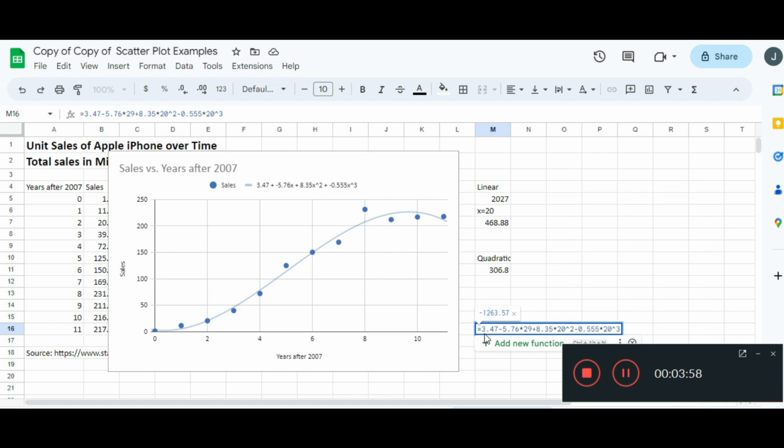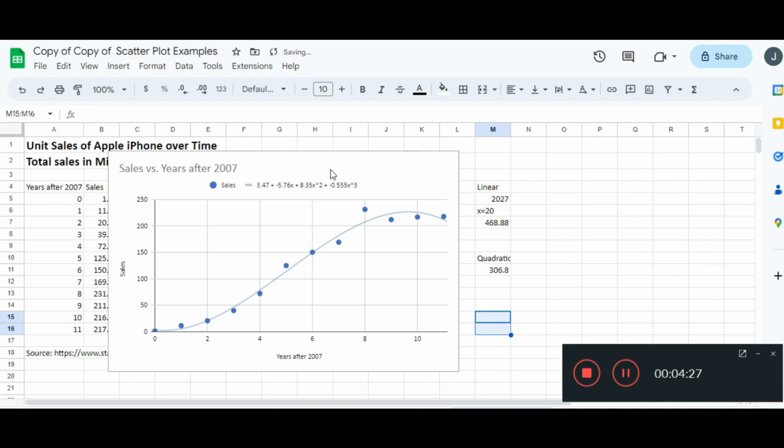And I should check that I typed that in correctly, but assuming I did, oh, that should be 20, not 29. Doesn't make my answer any better. And you can see this is a pretty bad model because I'm getting negative 1200s. But that's because this curve is starting to drop faster and faster. So I would not include that as a good model.